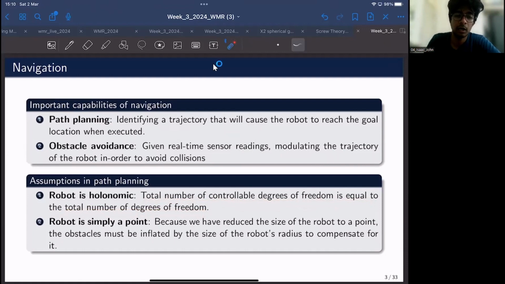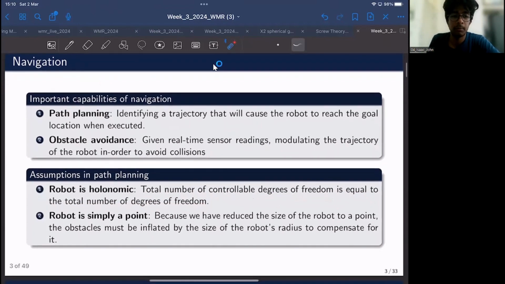Any rigid body on a plane has 3 degrees of freedom: 2 translations, maybe along the x and y axes, and 1 rotation about a perpendicular z axis. That is the total degrees of freedom. But if a mobile robot has controllable degrees of freedom equal to the total degrees of freedom, then that robot can be classified as a holonomic robot.